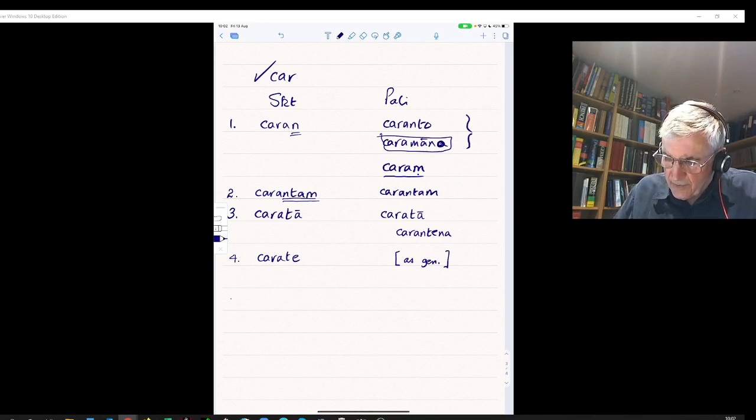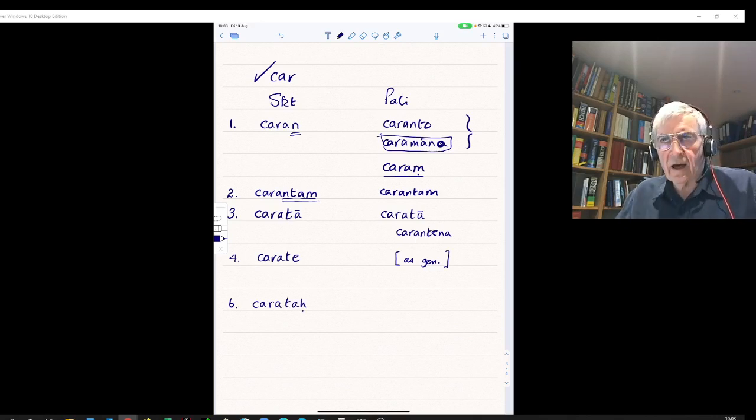I'll jump straight now to the genitive. In Sanskrit, charataḥ. And as we know, very, very frequently, where you get a Sanskrit word ending in a, that becomes an o in Pali.